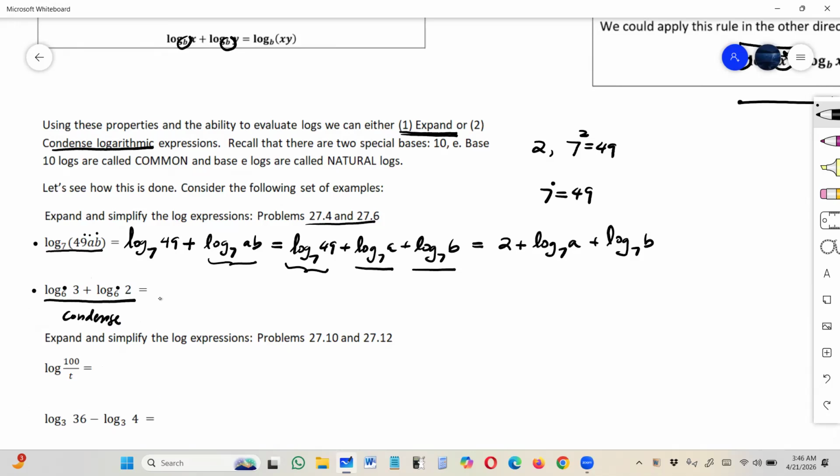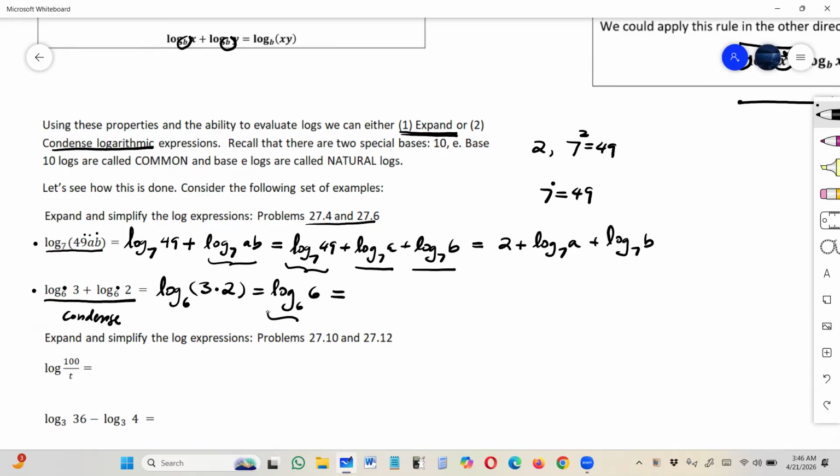So they are the same, log base 6. So I can write them this way, log base 6 of 3 times 2. Now, obviously, this is log base 6 of 6.